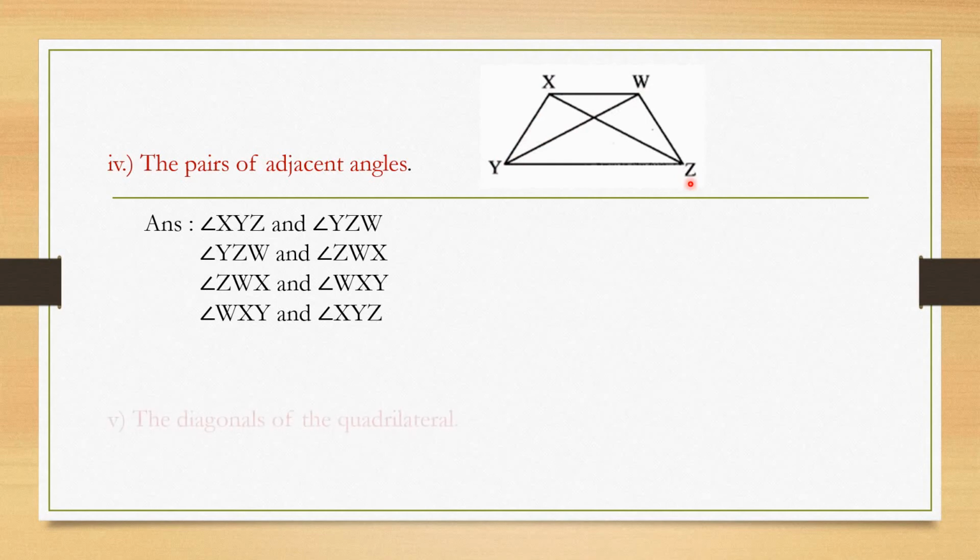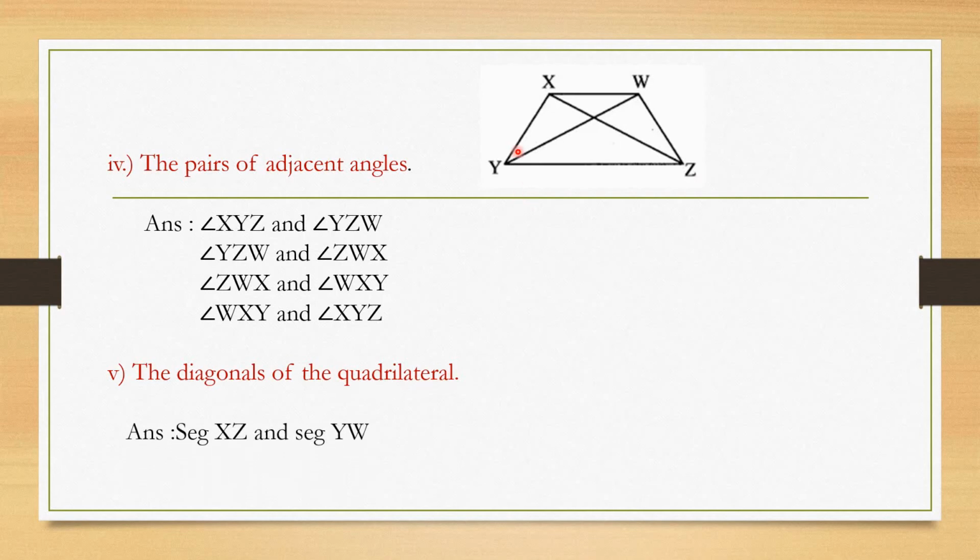Question 5. The diagonals of the quadrilateral. There are two diagonals, segment XZ and segment YW.